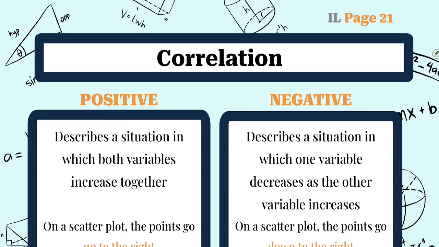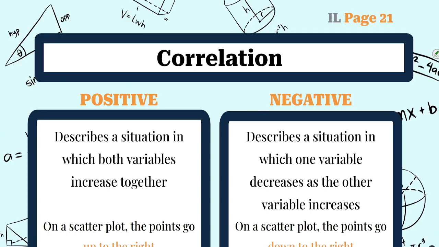When we're talking correlation, a positive correlation describes a situation in which both variables increase together. On a scatter plot, the points are going up and to the right. So that is the example of as temperature increases, so do sales. Both variables are increasing together.